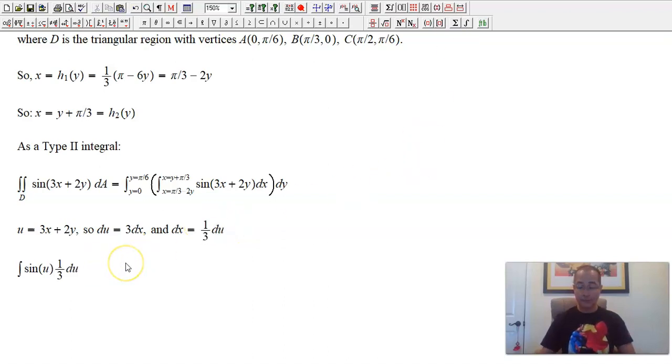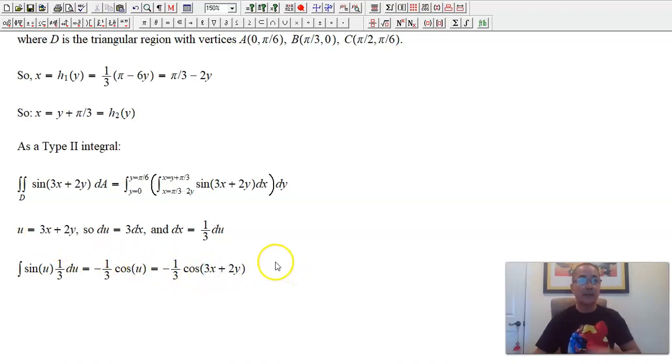Antiderivative for sine is negative cosine. So we will have negative 1/3 cosine of u, and u is 3x plus 2y. So we will have minus 1/3 cosine of 3x plus 2y.